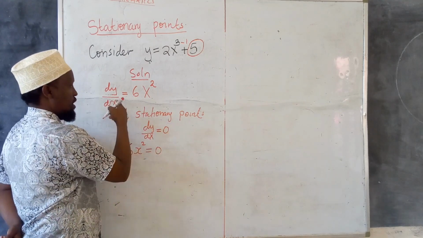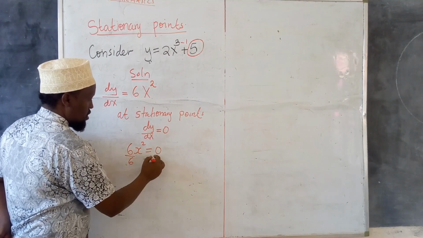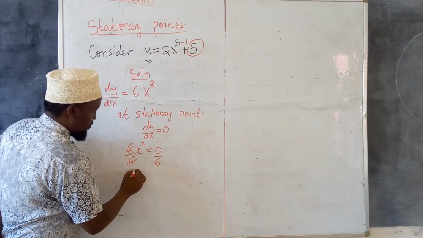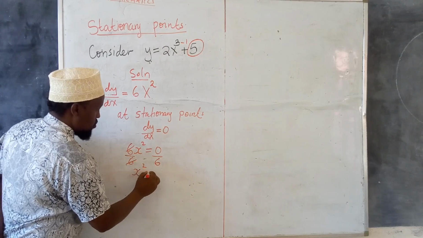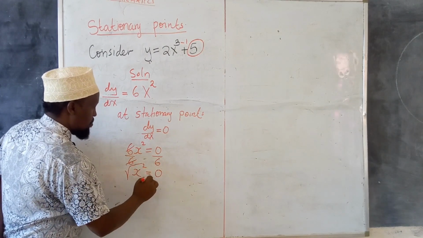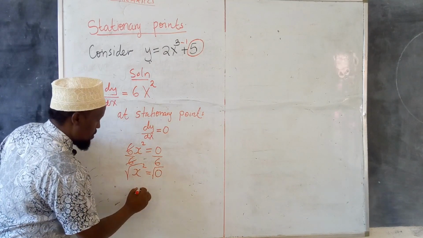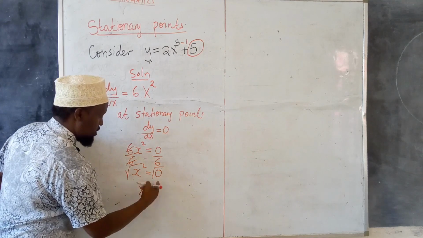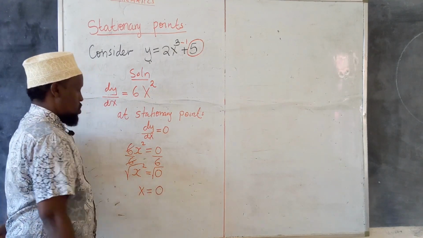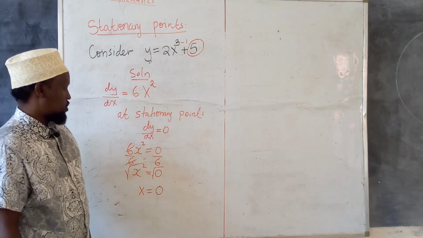We divide by 6, so 6 cancels with 6. Therefore, x squared equals 0. Then we find the value of x by finding the square root of both sides. The square root of x squared is x, and the square root of 0 is 0. So we have the value of x of the stationary point.